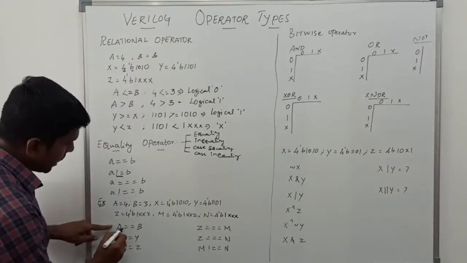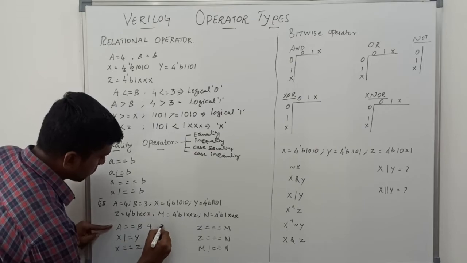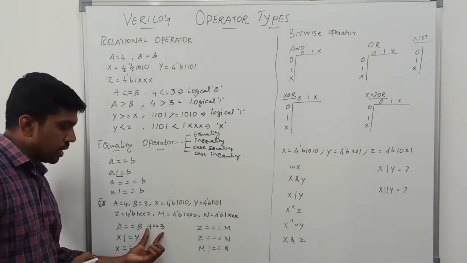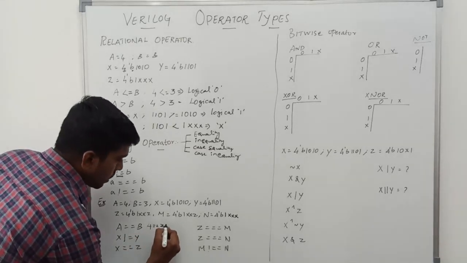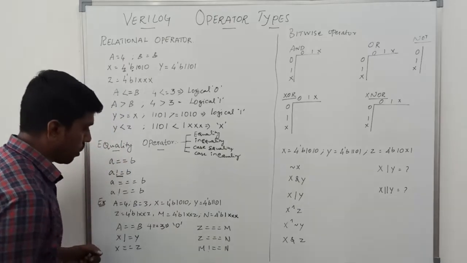First one is A equal B. A value 4, B value 3. You check the condition, A equal to B. This condition is false, so it produces logical 0 output.